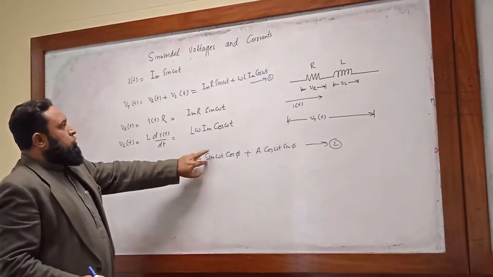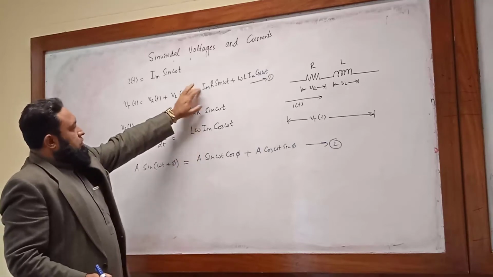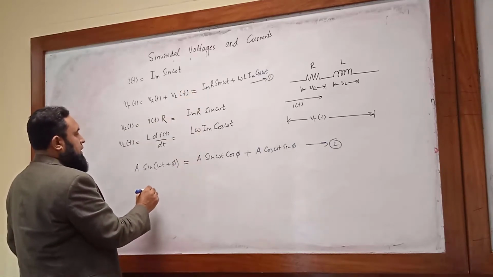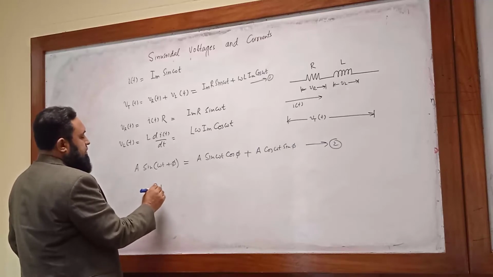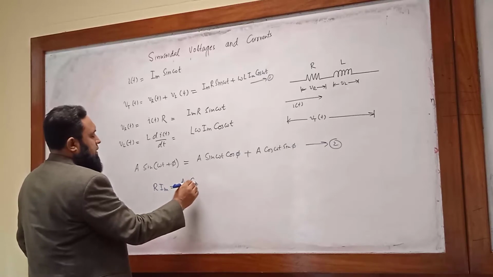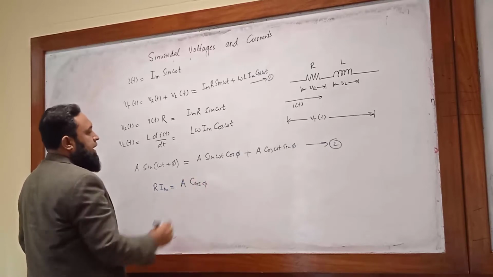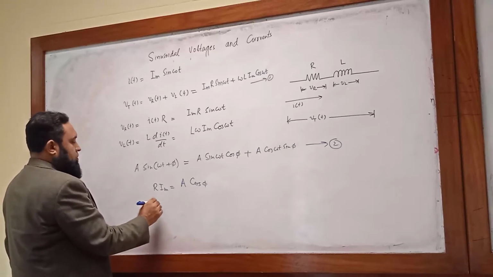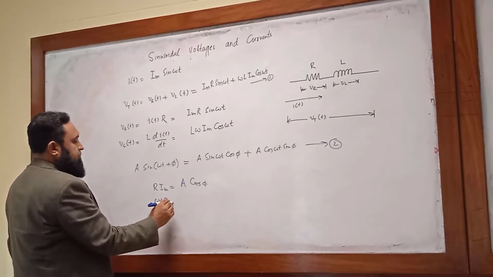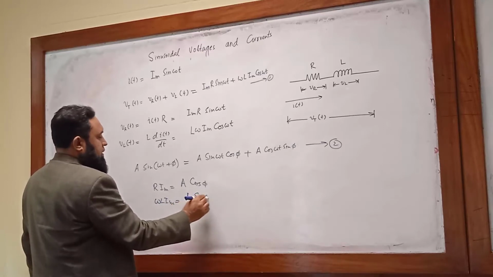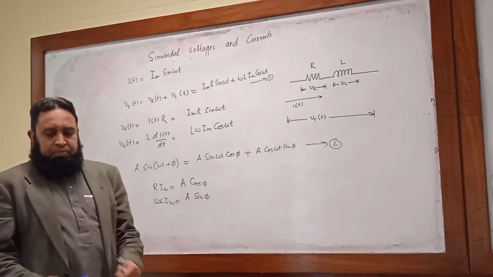If we compare the two equations, we can easily infer that R times Im is equal to A cosine of phi, and omega L Im is equal to A sine of phi.